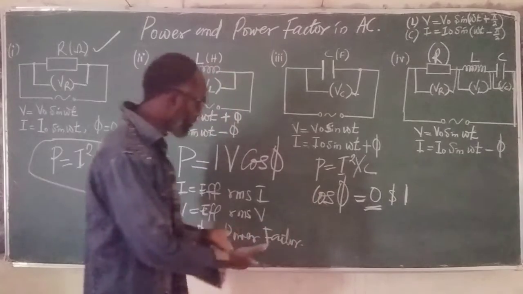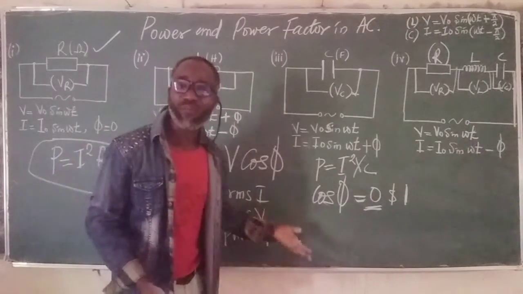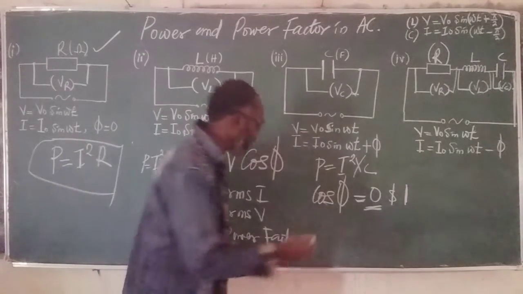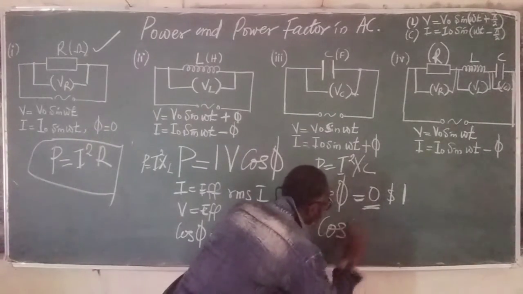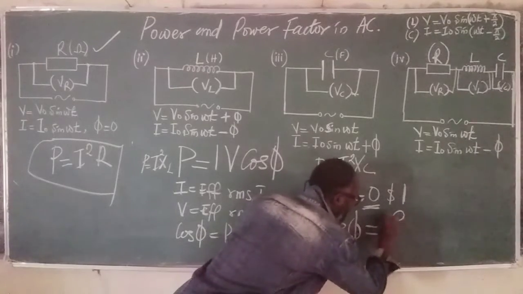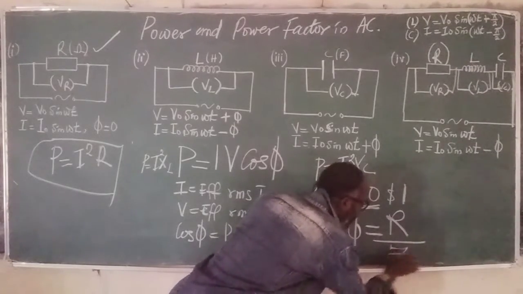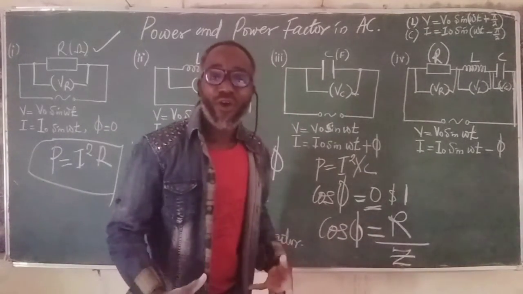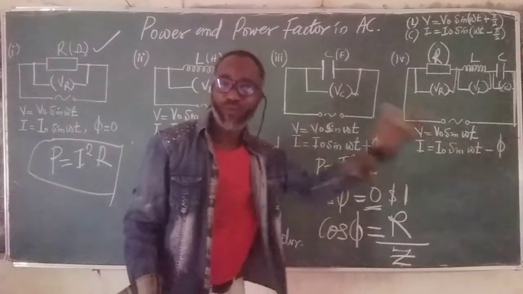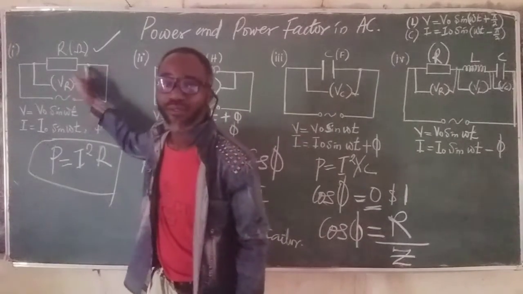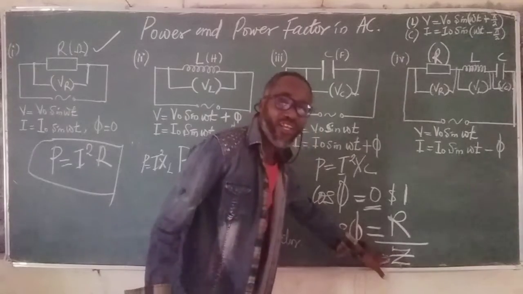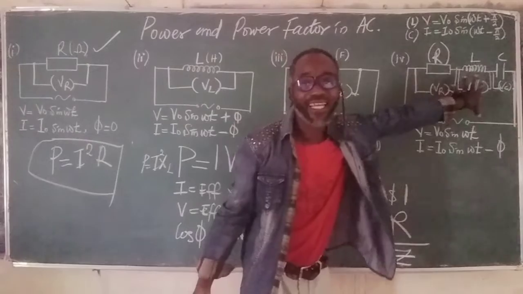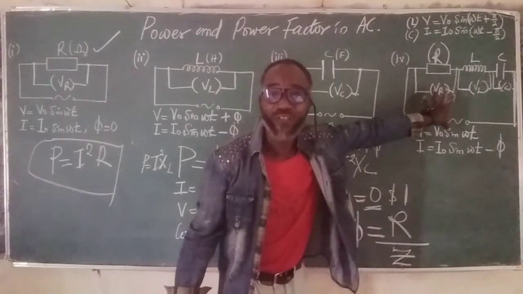So if we have this, then it is very simple for us to calculate what power factor is all about. We can now calculate that cos phi is equal to R over Z. R is the component that takes much of the power flowing through the circuit. That is the resistor. Then Z is the total opposition when these three components are connected in a circuit like this, in series connection.